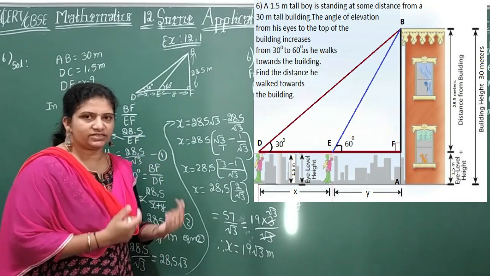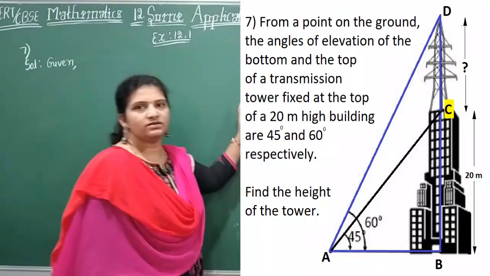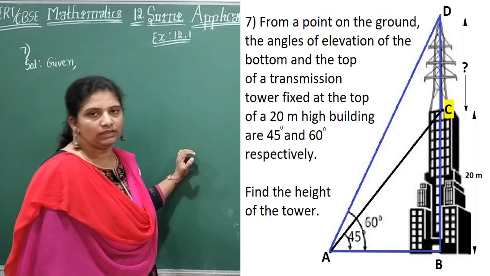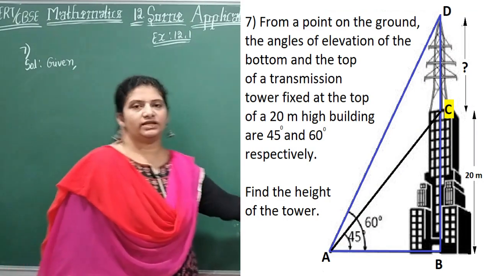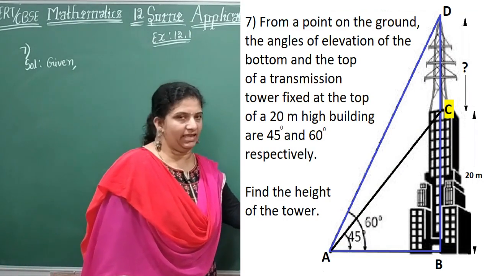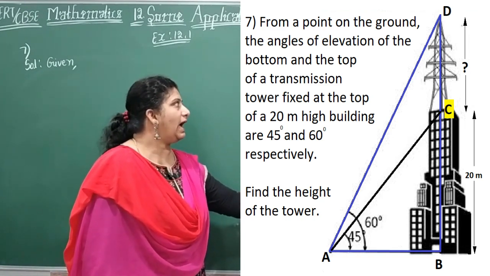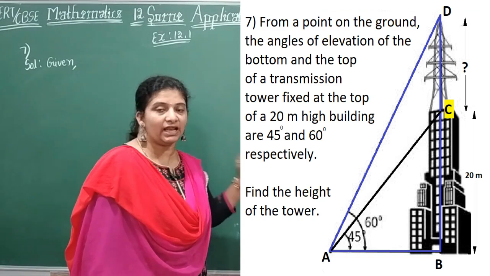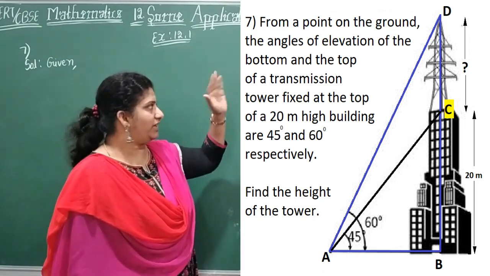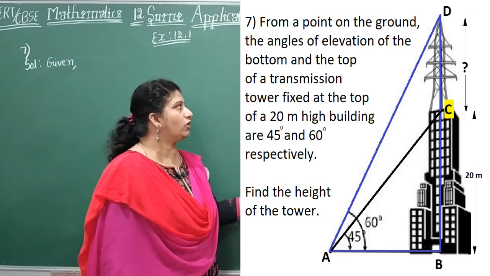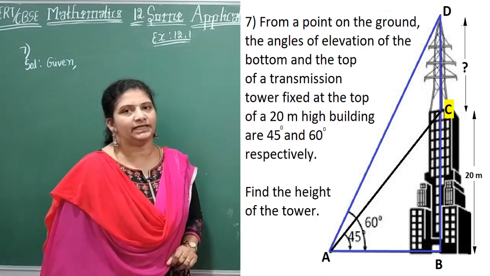Okay, so let's do the next problem. 7th problem, from a point on the ground. Okay, so let's assume the point A here. From a point on the ground, the angles of elevation of the bottom and the top of a transmission tower.